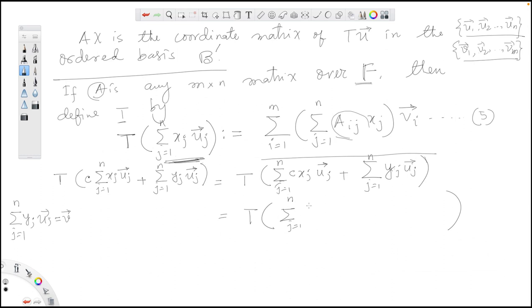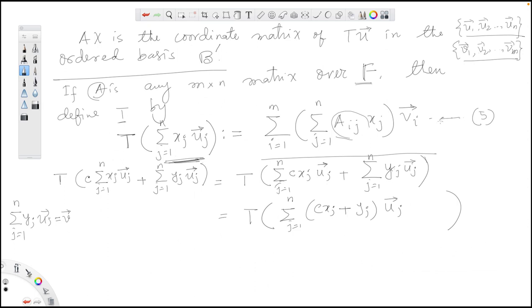Sum over all j's, Cxj plus Yj uj. And now I invoke the definition of T here, right?